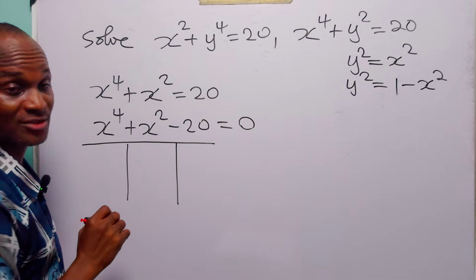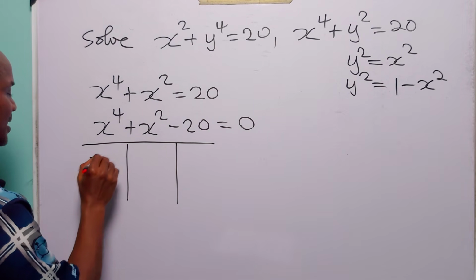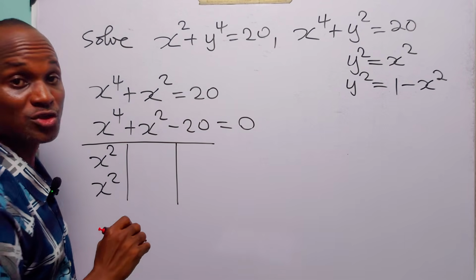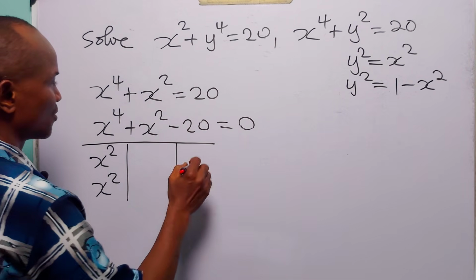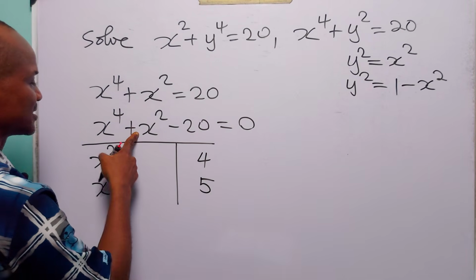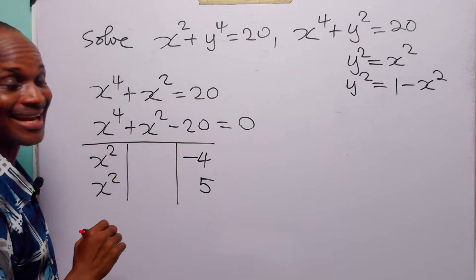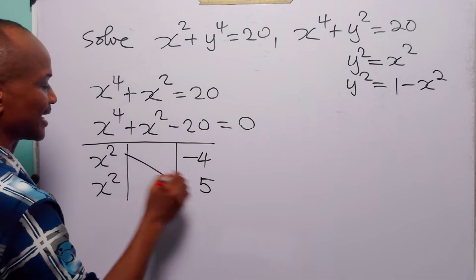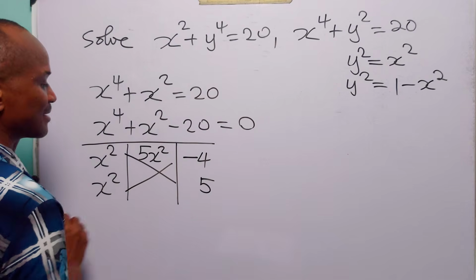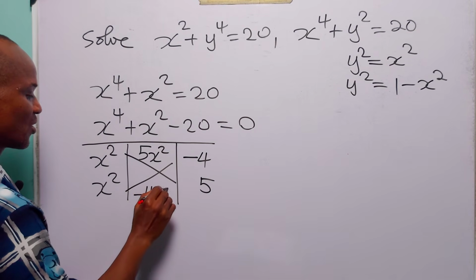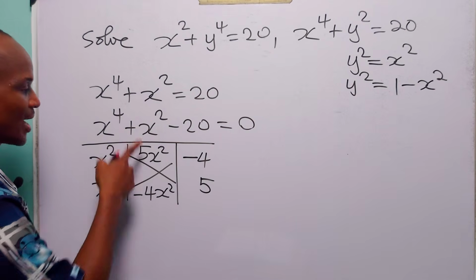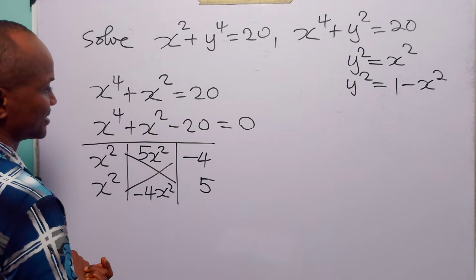What are the factors of x raised to power 4? We have x squared and x squared. What are the factors of minus 20? We have 4 and 5. Now this is positive, so let this be negative. x squared times 5 is 5x squared, and x squared times minus 4 is minus 4x squared, and 5x squared minus 4x squared is going to give us x squared.